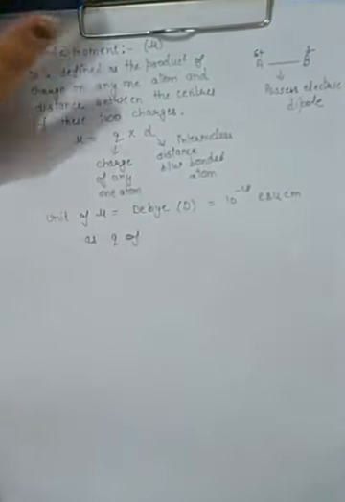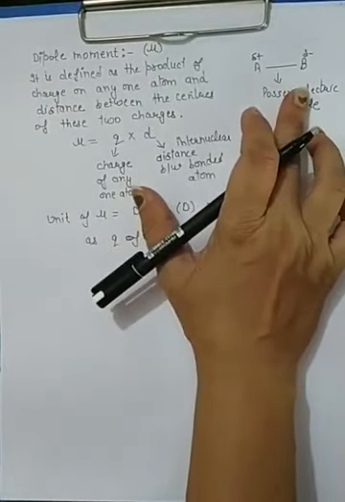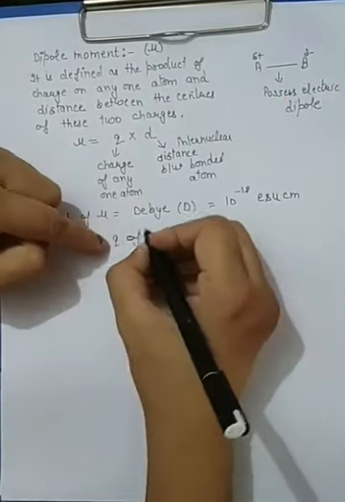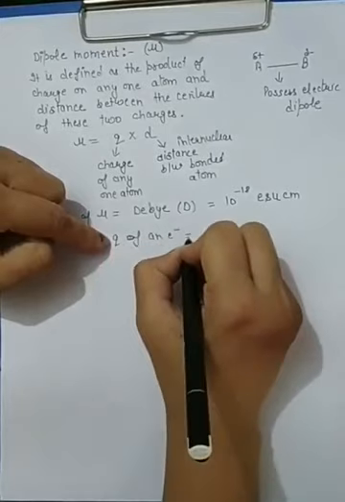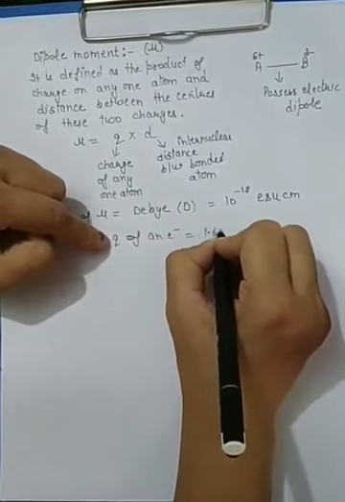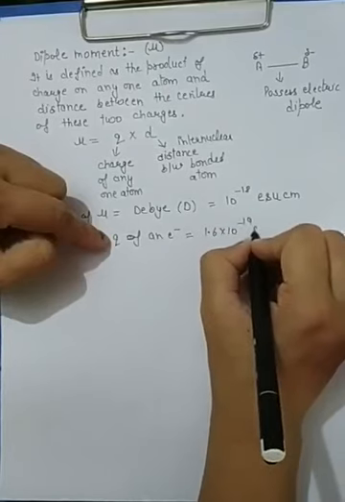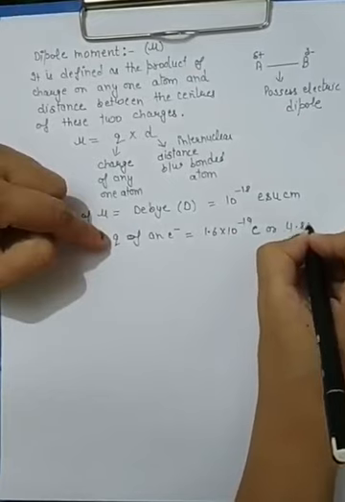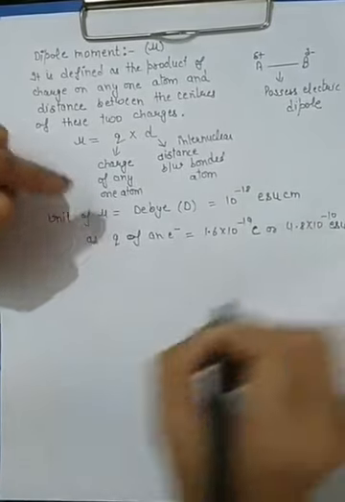If we discuss the electrons, because this separation of charge is due to electron movement, it is the charge of the electron. So Q, the charge of an electron, is equal to either 1.6 into 10 raised to power minus 19 coulomb, or 4.8 into 10 raised to power minus 10 ESU.